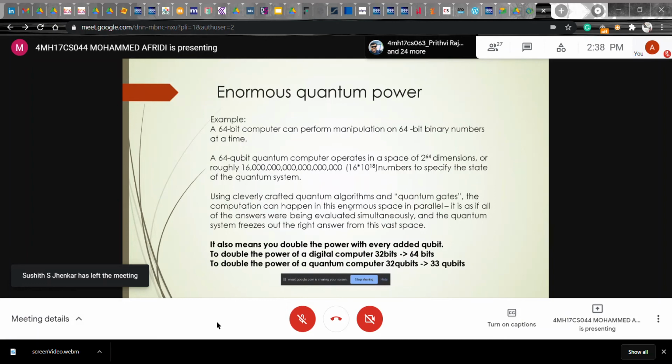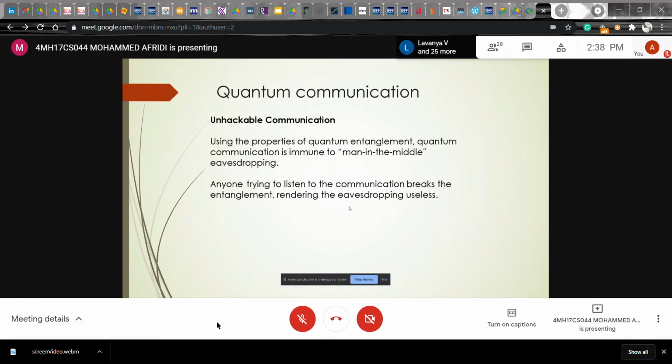If you want to double the power of a digital computer, you need to go from 32 bits to 64 bits. But in the case of a quantum computer, you just need to switch from 32 qubits to 33 qubits. Using the properties of quantum entanglement, a middleman hacker cannot compromise your communication.